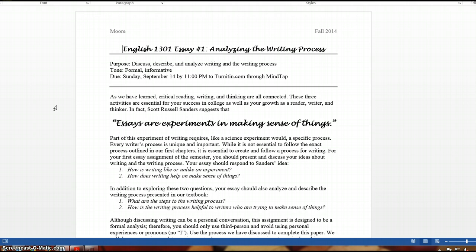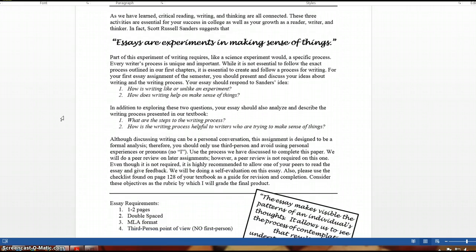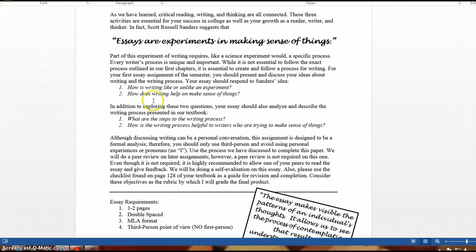Basically, this is a very simple, direct essay telling about the writing process. Here are the keys of the essay right here. You're going to look at Chapter 8, where you're following someone's process. And you're going to talk about this quote that we have: essays are experiments in making sense of things.